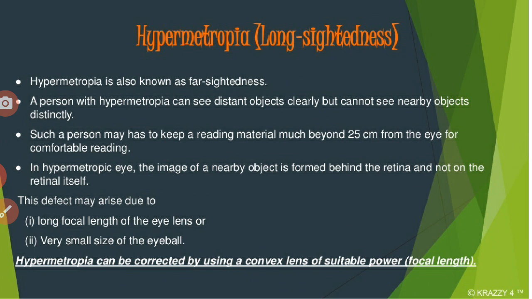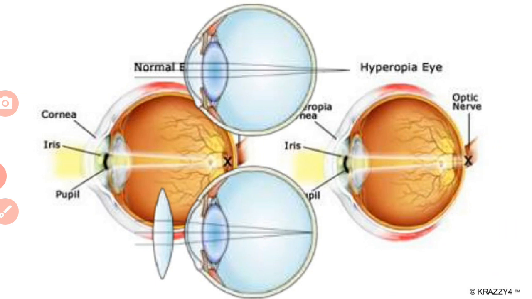Hypermetropia can be corrected by using a convex lens of suitable power or focal length. In this figure we can observe the near point of the hypermetropic eye. Then the next one is the hypermetropic eye, and the third one is the correction of the hypermetropic eye with a convex lens.